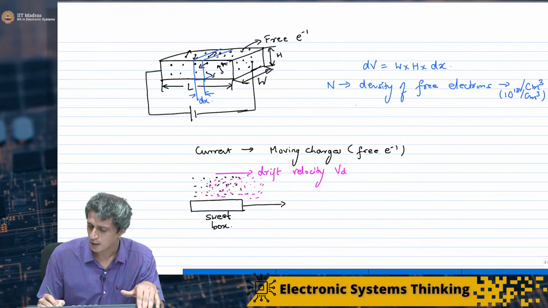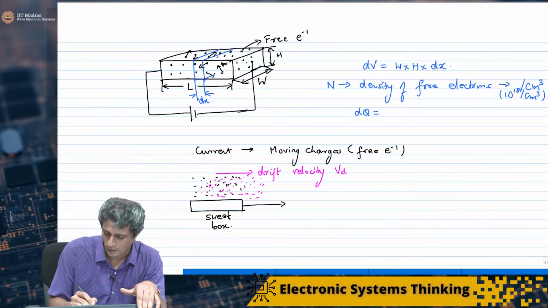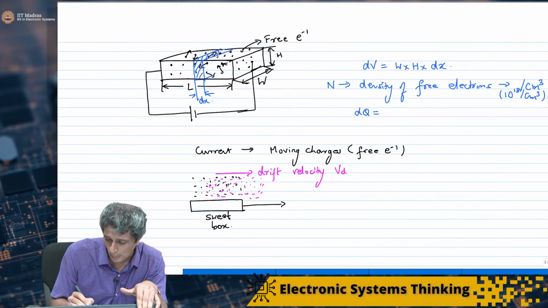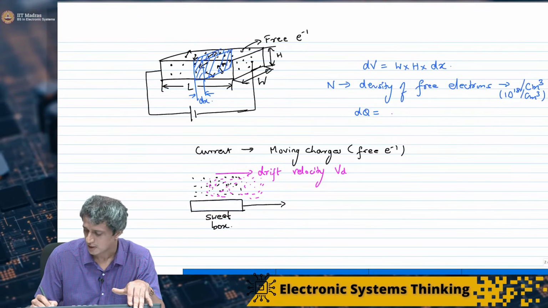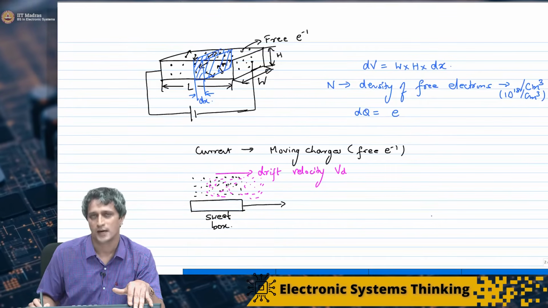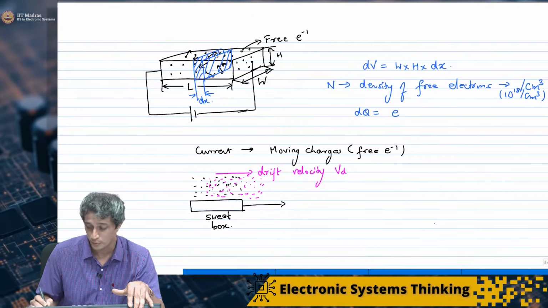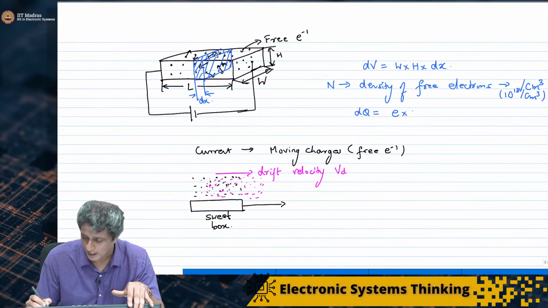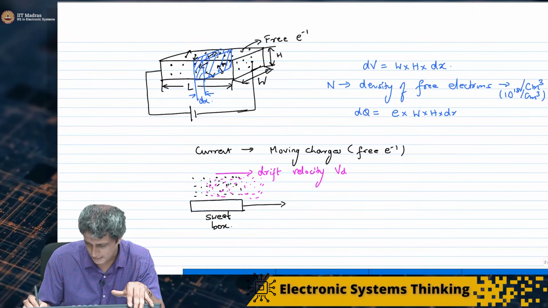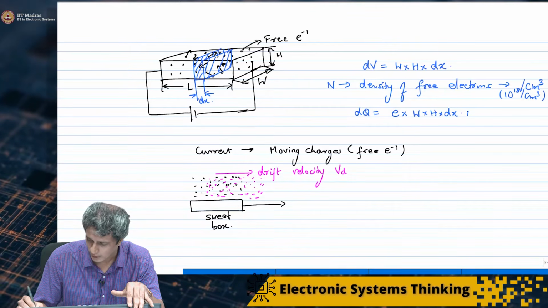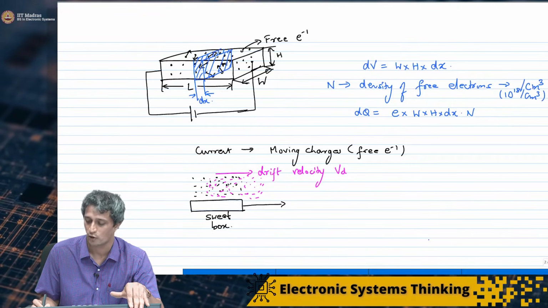So if I look at the total charge in this particular elemental volume that I have considered, you will see that the total charge is of course the electron charge, e, 1.6 into 10 power minus 19 coulombs, into the elemental volume W into H into dx, into the number of free electrons per centimeter cubed, or the density of free electrons, right?